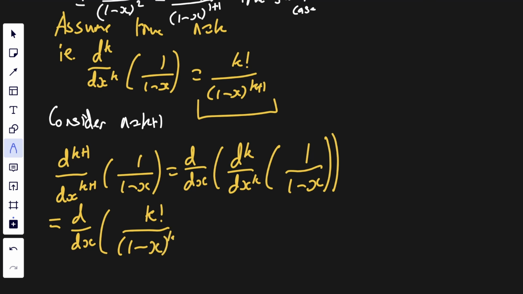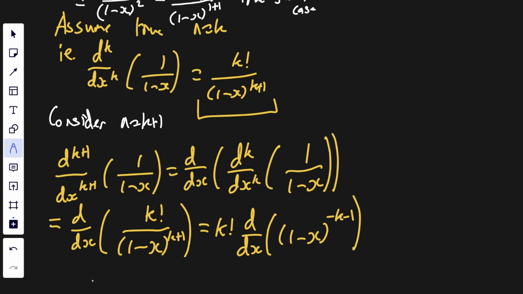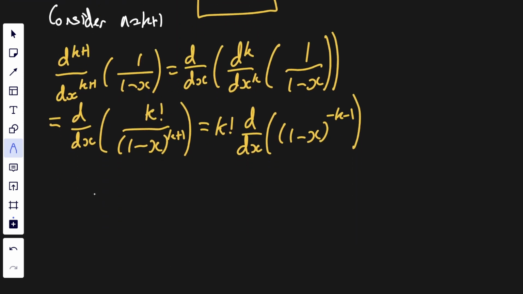Now, before we even write down our target, we might want to just continue with this pattern where we differentiate it and get rid of the derivatives, because clearly the right side of the target is not going to have a derivative. So we might as well differentiate it anyway. k factorial is a constant, so I can bring it outside of the derivative. I'm going to rewrite the fraction as a power. So I'm going to have (1 minus x) to the minus k minus 1. And like we saw at the top, this is just a simple chain rule derivative.